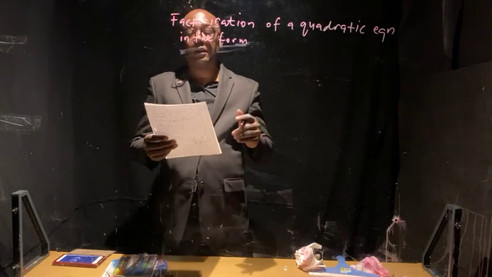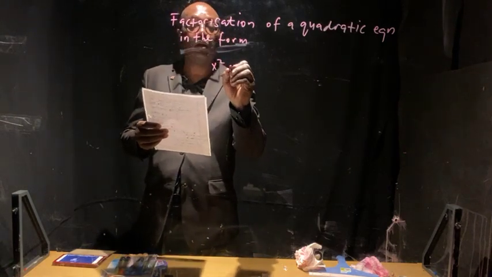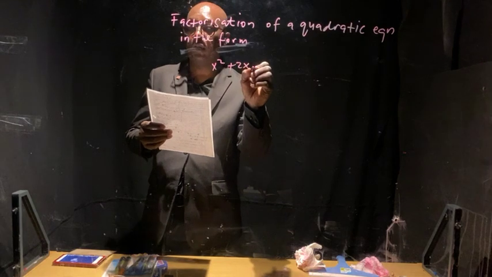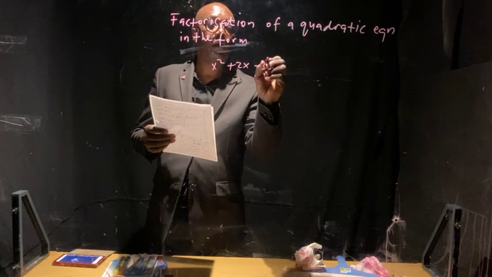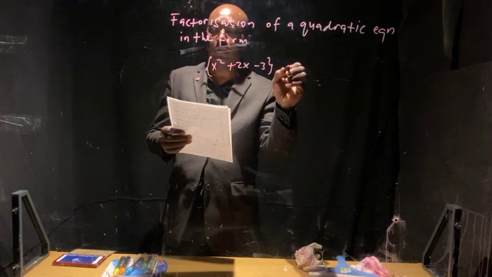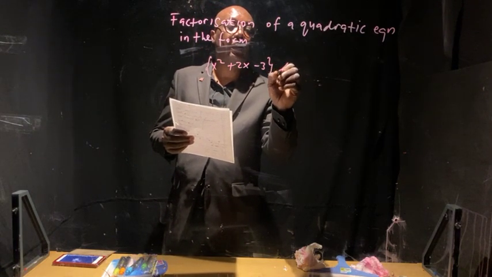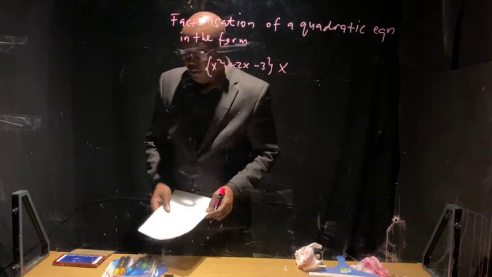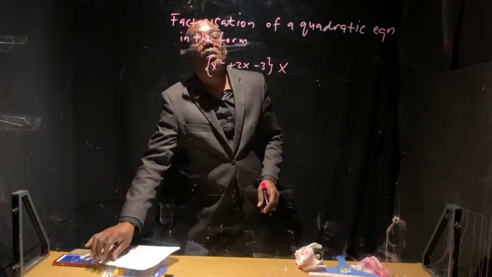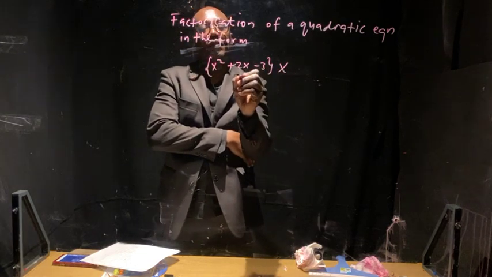Let's take this example, which says x squared plus 2x minus 3, and outside the bracket there's x. Well, this is no different from if you have an expression like this.